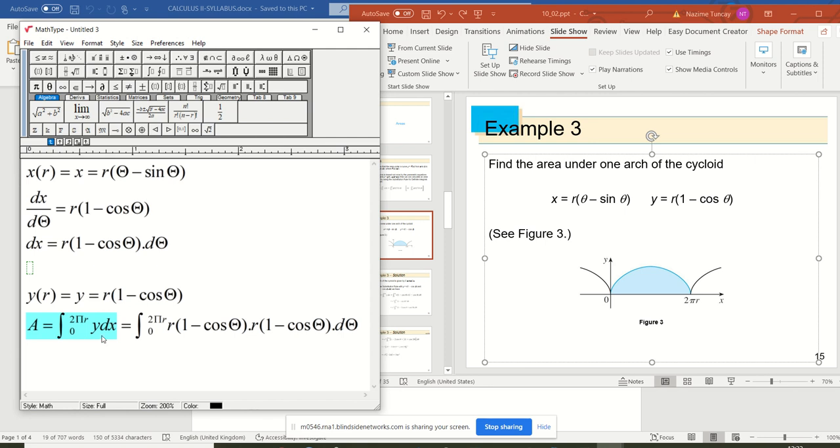You have to make sure that you find what y is, which is given in the questions, and we solve for dx here. dx is this part.